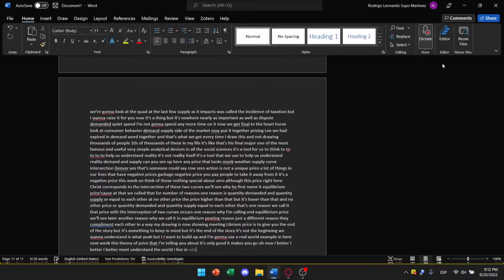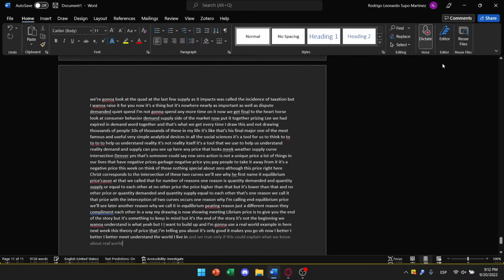And that'll be true only if this can explain what we know about real world prices. And I'm going to use lots of examples about those. Before we get to real world examples, we've got to do the analytics.